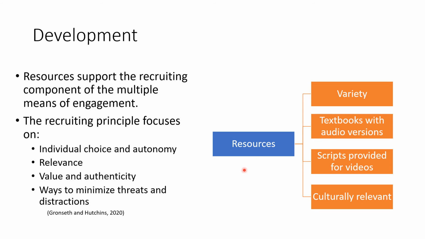The implications for the resources meant that not only one resource was to be utilized in the development of the curriculum, but a variety of resources such as textbooks, PDFs, websites, podcasts, videos, video demonstrations, to name a few. Where textbooks were used, audio versions would have been provided where possible. Scripts would have been provided for the videos, and all resources were to be culturally relevant to the students.